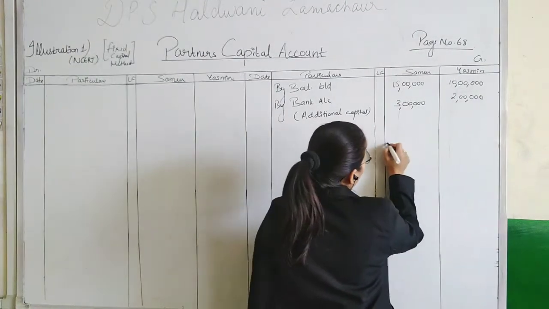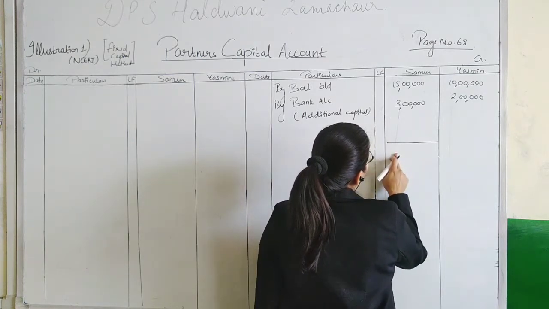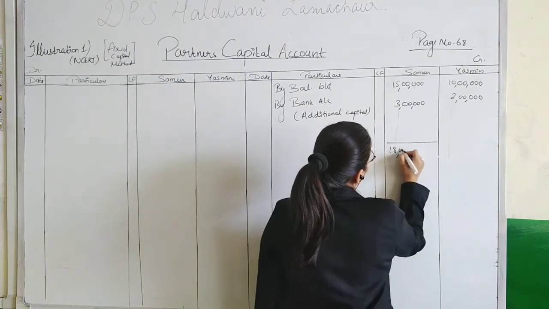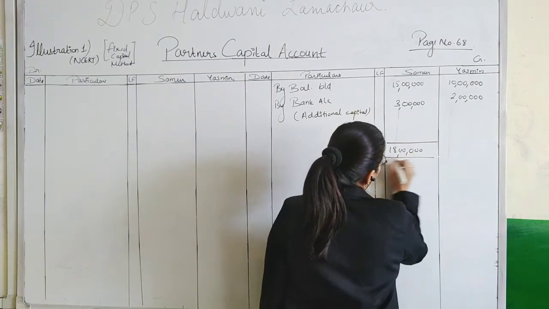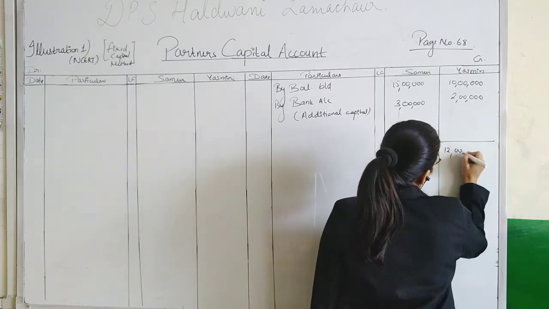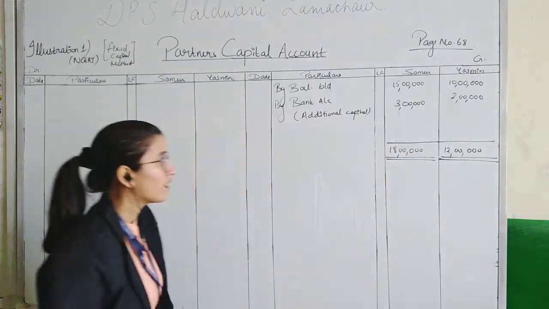So we'll total the credit side. The total amount of capital brought in by Sameer is 18 lakh and by Yasmin is 12 lakh.